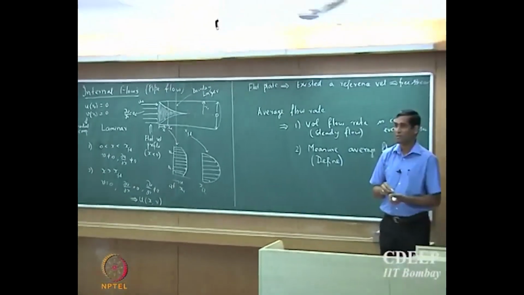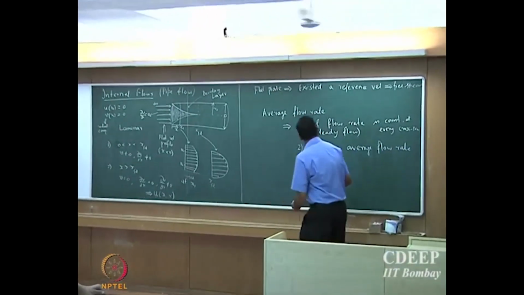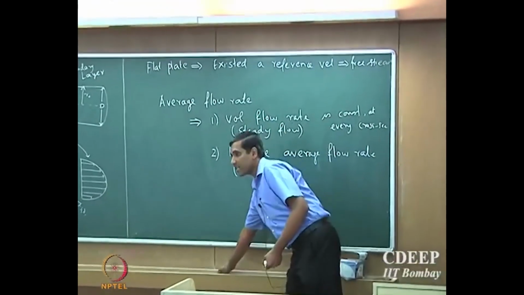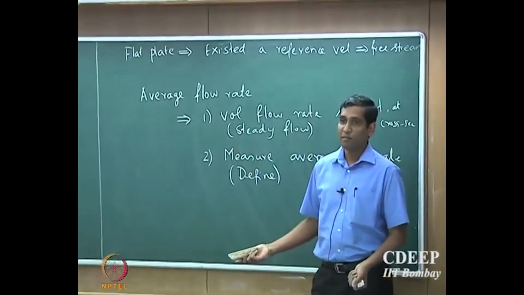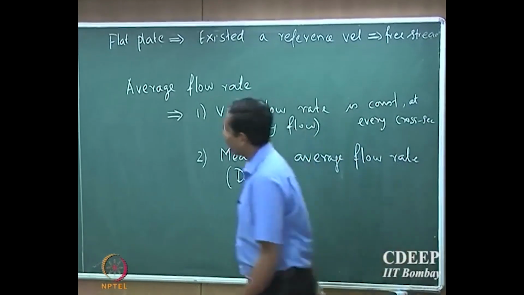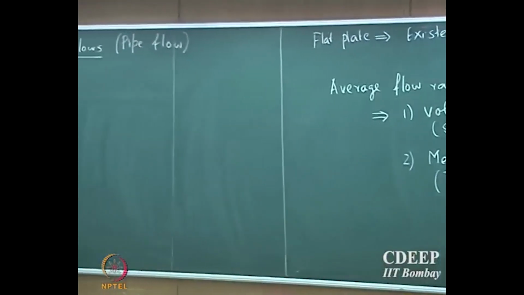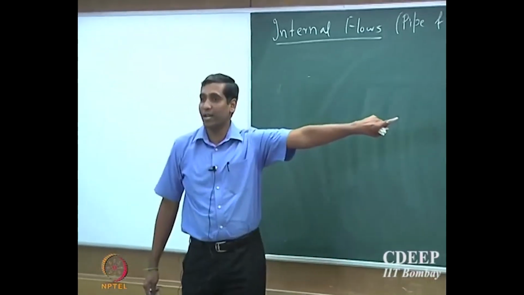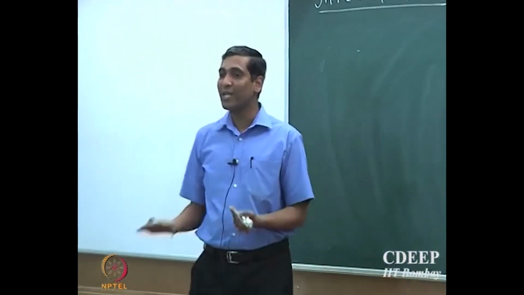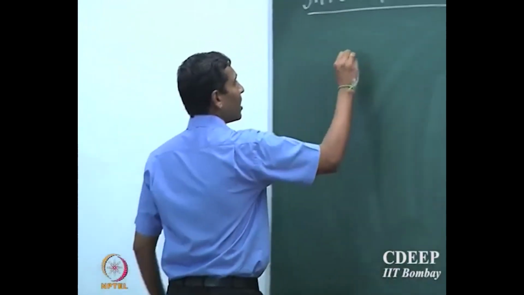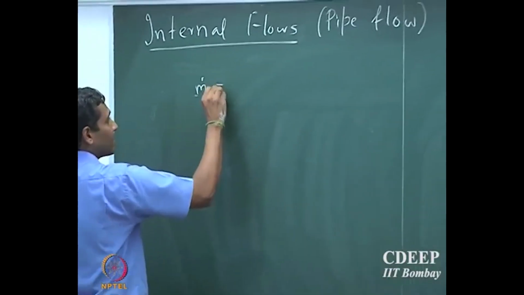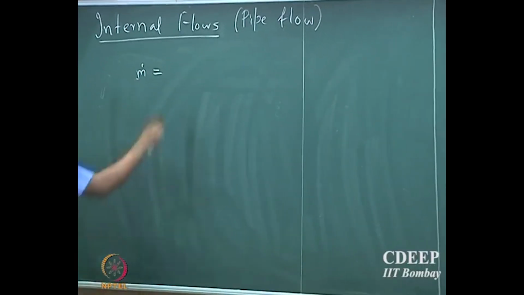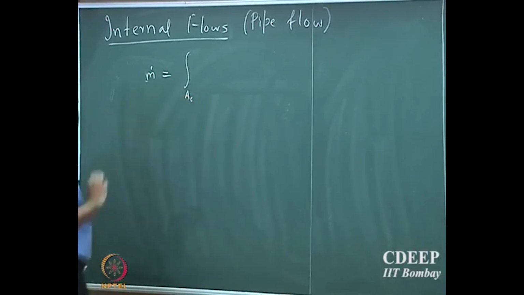Any other questions? Okay. So now we need to define this average velocity, and we have to use that as a scaling parameter for all the modeling equations that we are going to write. In order to define the average flow rate, we are going to use the first observation that the flow rate is a conserved property. So we can define m dot, the mass flow rate at any cross section, as the density times the local velocity times dA_c integrated over the whole area.